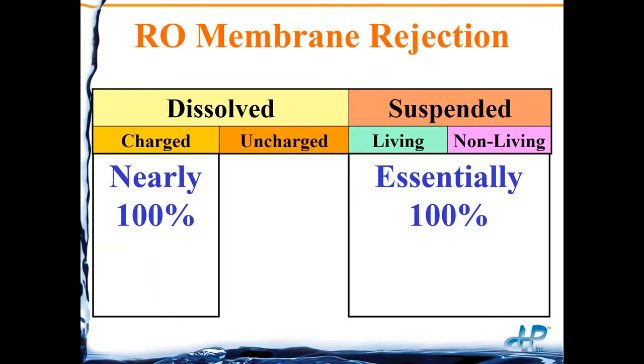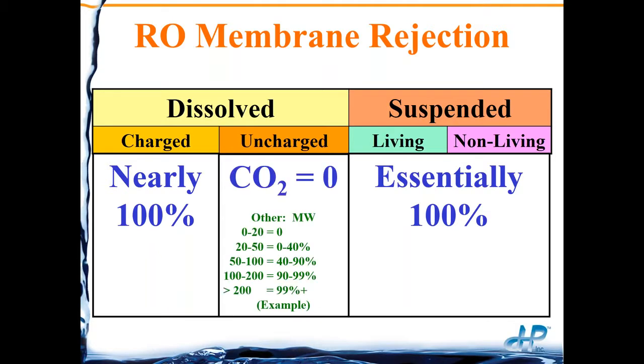And it's only because the membranes aren't perfect that we don't get 100%. But we'll still get 99.9, 99.99% rejection of viruses, which are some of the smallest particles. So it's almost 100%. The one area where we can get some things that slip through the membrane are the uncharged contaminants.